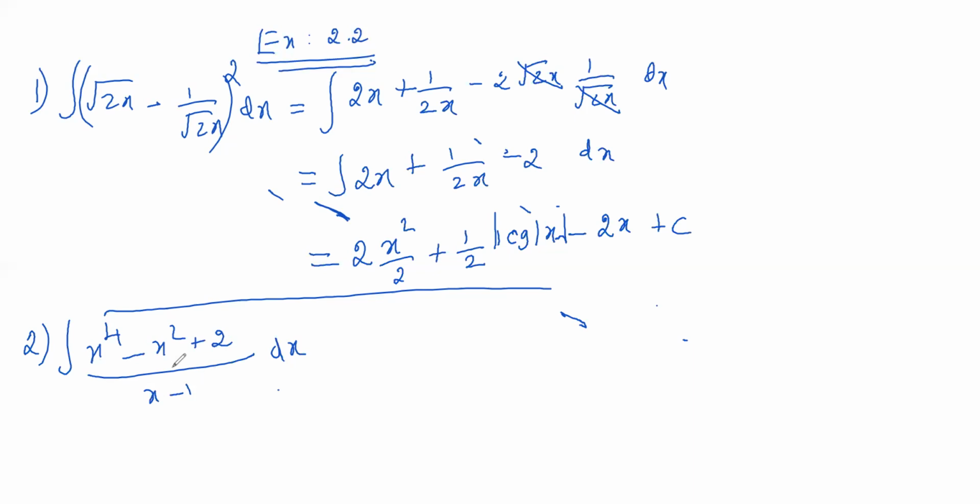We can divide these two expressions using the usual algorithm like previous examples. As usual, we'll write the terms: after x power 4 we have x cube, then minus x squared, and after x squared we have x. There is no x term, so we'll write 0x plus 2.